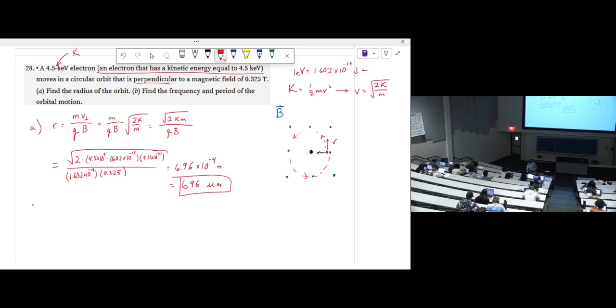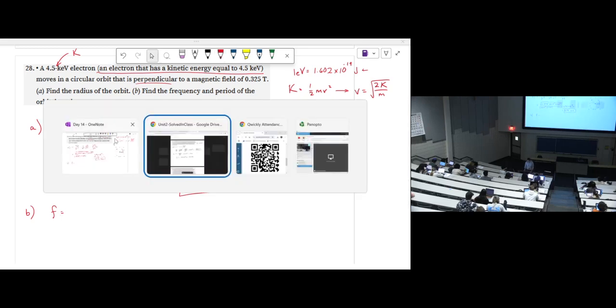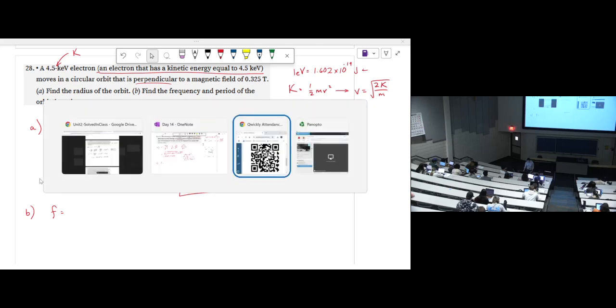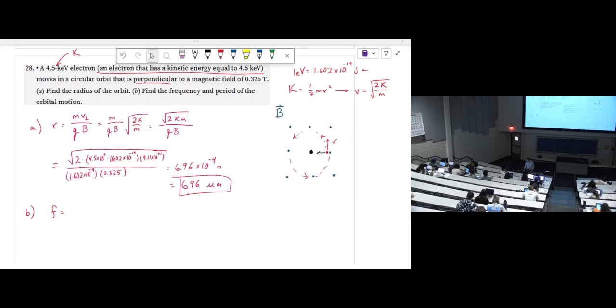Find the frequency. Here, in part B, F is going to be equal to, I think I had this backwards actually on my solution. Let me pull up here, or maybe my slides were backwards.